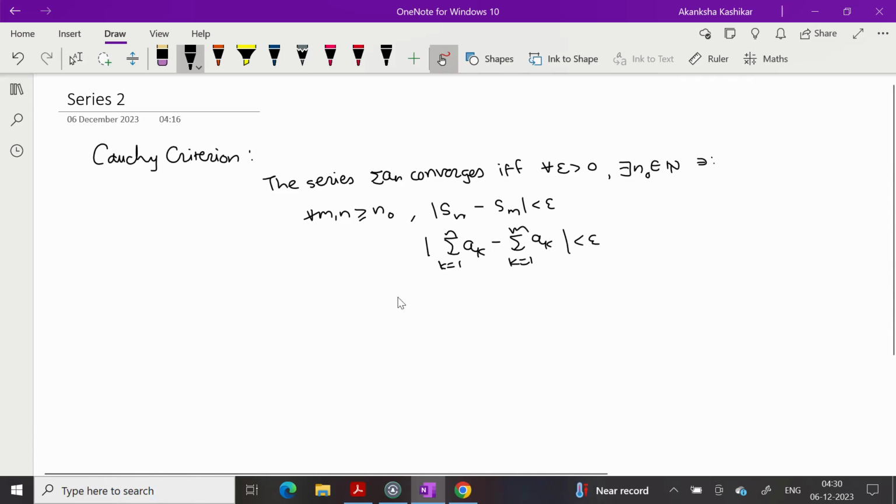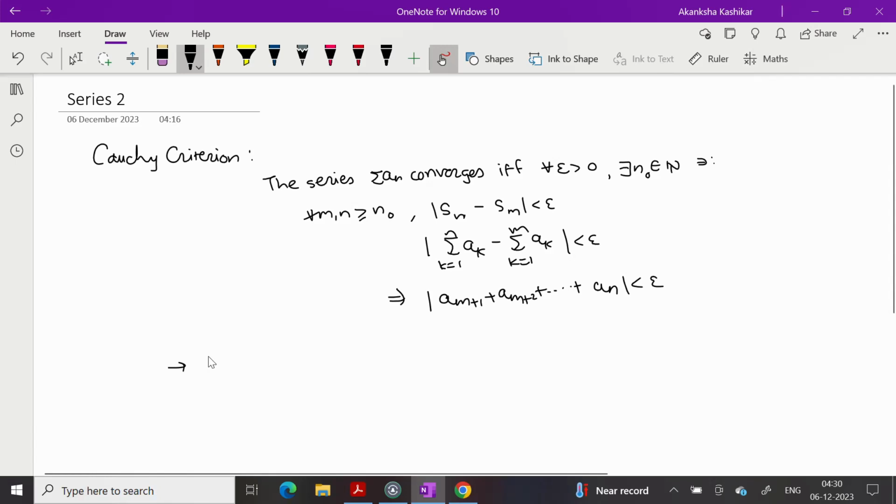So this is less than epsilon, which is the same as saying mod of Am plus 1, Am plus 2 and so on, up to An should be less than epsilon. Okay. So what we are saying is that after a certain N, the sum of all the remaining terms should be less than epsilon. Okay.